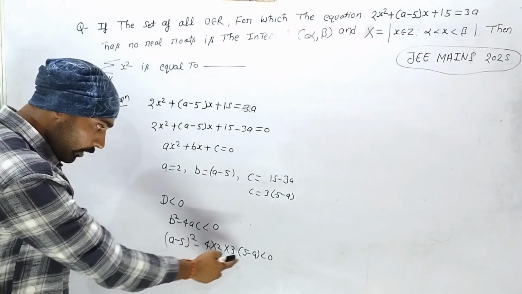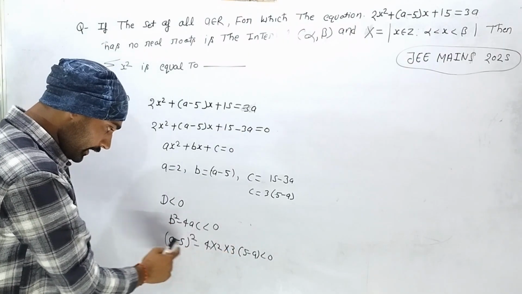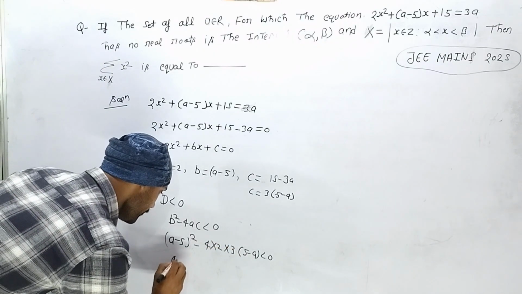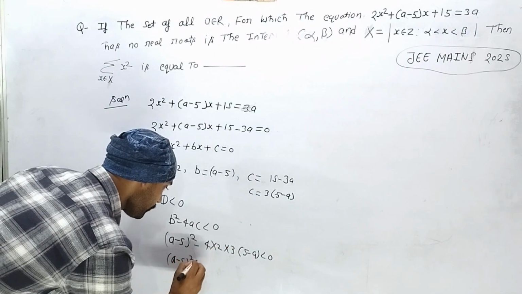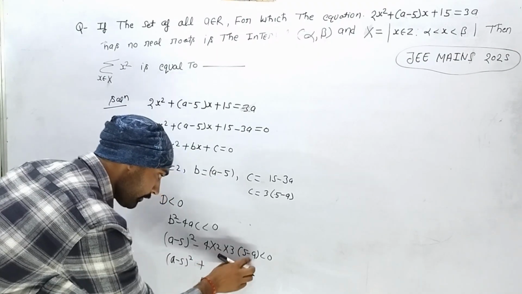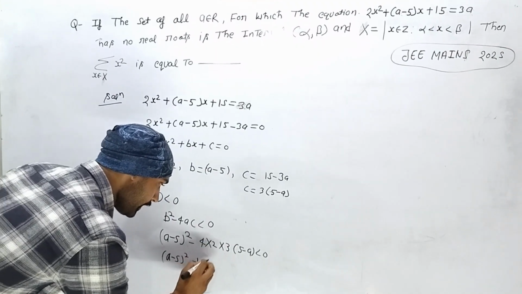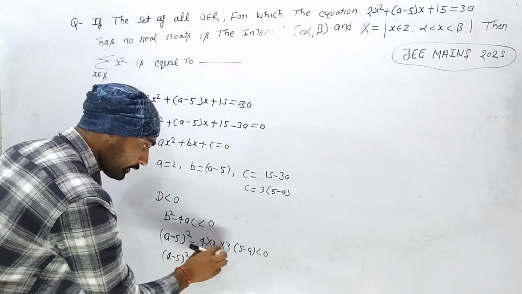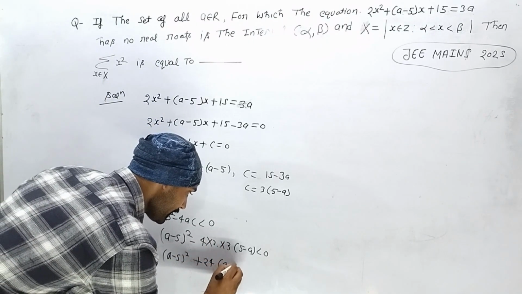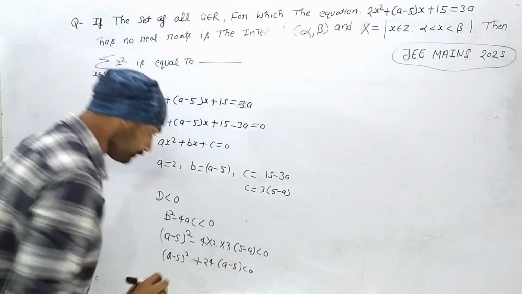If we take a minus common from here, then we get a minus 5 here also. So (a minus 5) whole square, and taking the minus from here it will be plus, we get 3 times 2 times 4 is 24 times (a minus 5), less than 0.